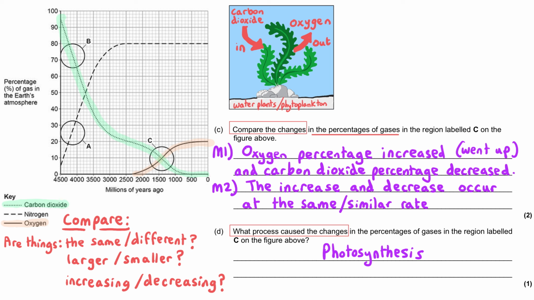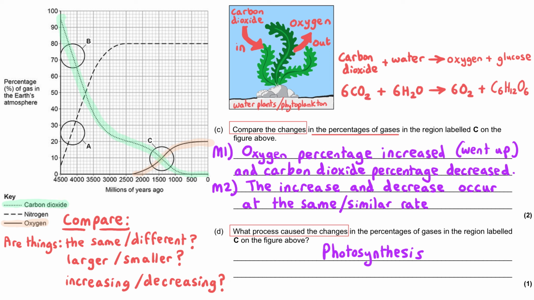And this makes sense that it would be exactly equal and opposite, because if you consider the word equation for photosynthesis, we have got carbon dioxide and water turning into oxygen and glucose. And then if we turn this into the symbol equation, you can see that there are 6 CO2 being used and 6 oxygen being produced. So it's very logical when you see this that the use and production will be equal and opposite. So they're taking place at the same rate during the process of photosynthesis.